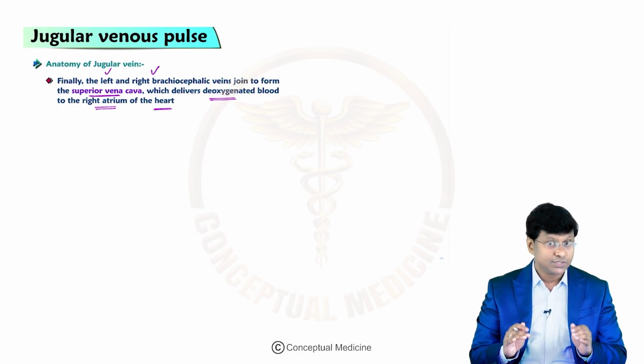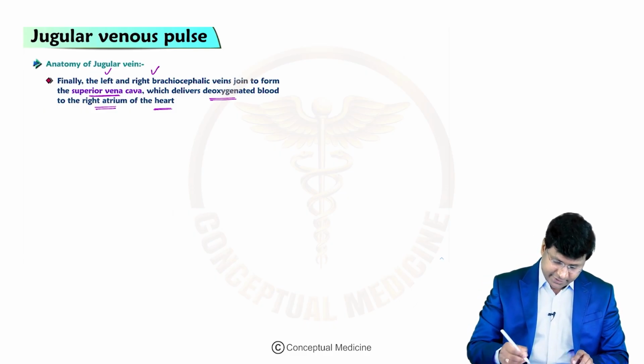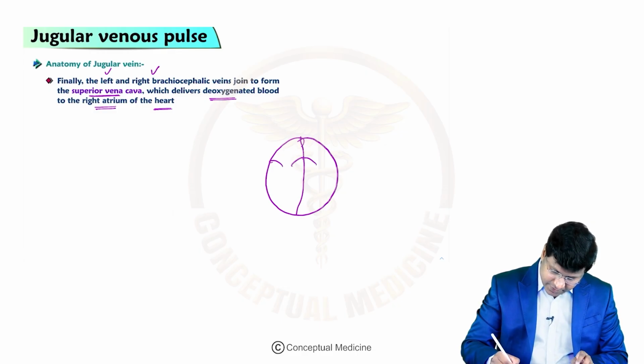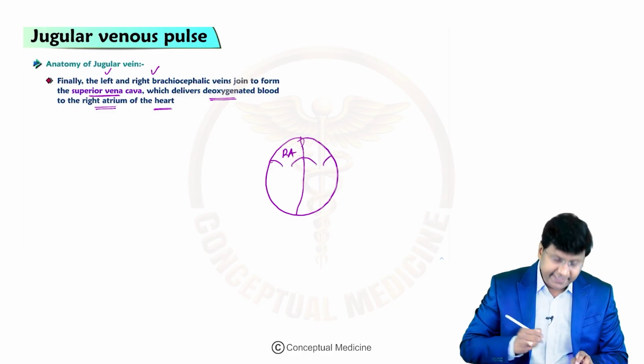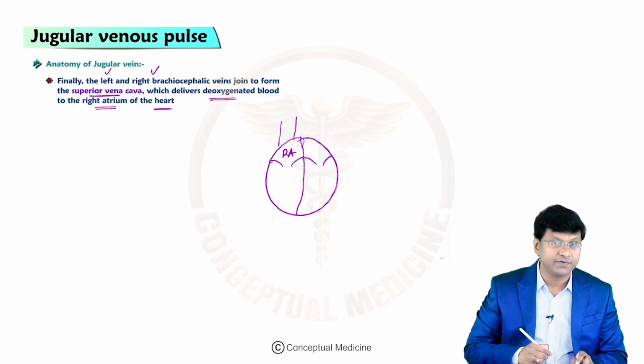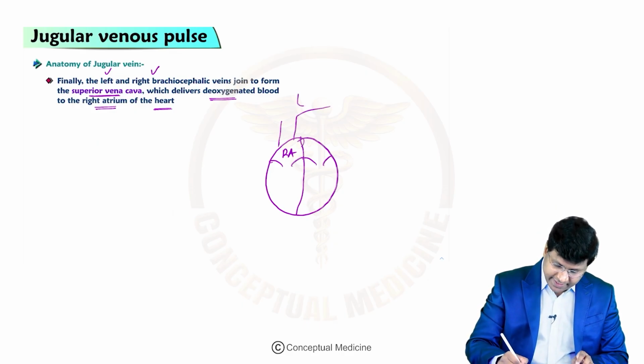Okay, so your superior vena cava, this will be your right atrium, this will be your left atrium. The right atrium, which is draining the venous blood from the superior vena cava, is in direct connection with the internal jugular vein.